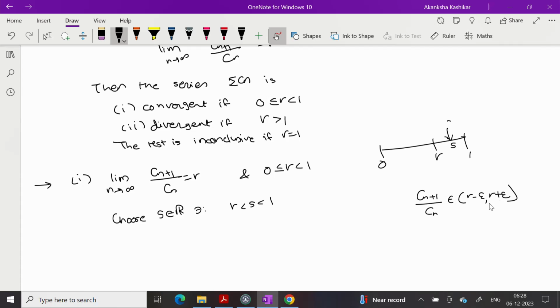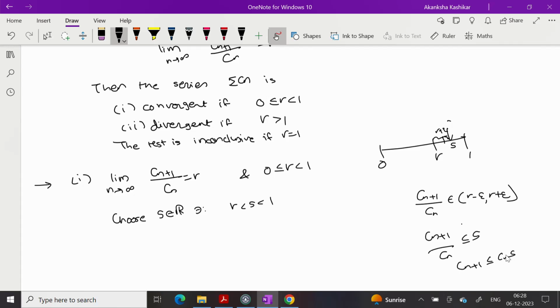So if I choose this s in such a way that it is beyond r plus epsilon, see this works for every epsilon. So I choose epsilon which is say half of this distance between r and s, then Cn plus 1 by Cn is always less than or equal to s. That is, Cn plus 1 is always less than or equal to Cn into s.